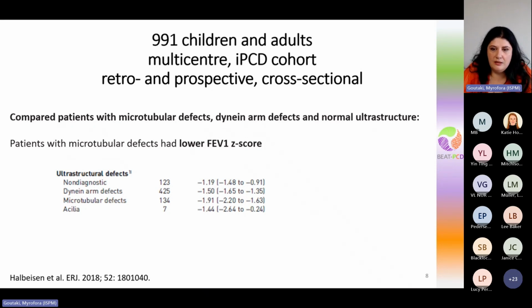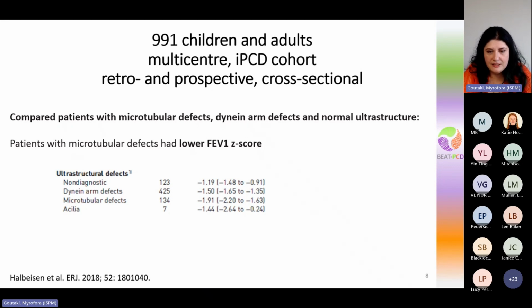So this is another finding from a very large study from the international PCD cohort that includes both retrospective and prospective data on lung function, where we see that patients with microtubular defects had a much worse lung function using FEV1 Z-scores with the GLI reference values in comparison with other groups, which were either the normal non-diagnostic ultrastructure or the dynein arm defects.